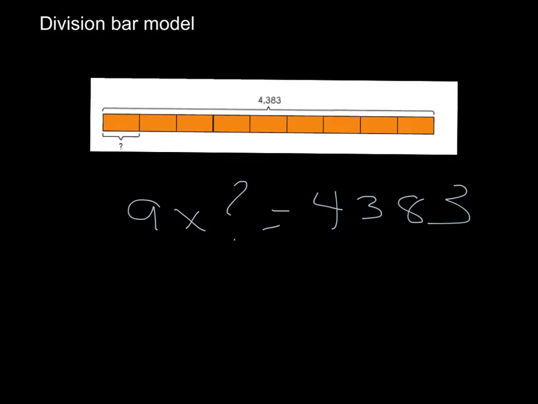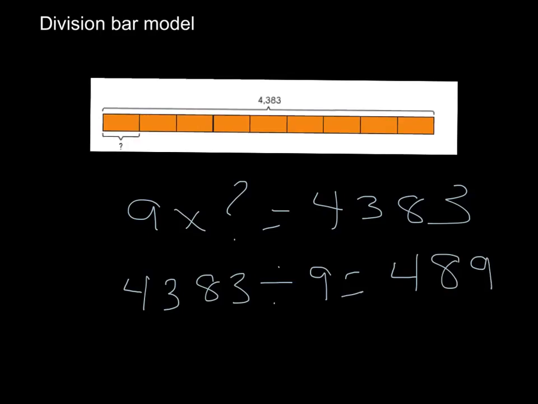But in this problem, it's similar to the subtraction problem in that I know the total. So really what I want to do is take the total, 4,383, and divide it into 9, and then we find that each piece of the bar is equal to 489. Again, it's very similar to the multiplication bar model.